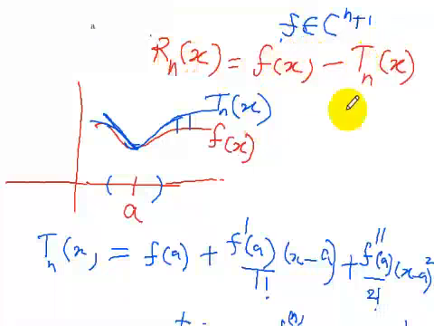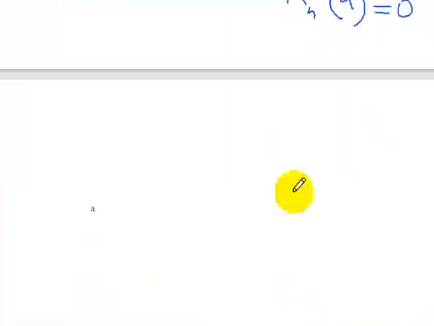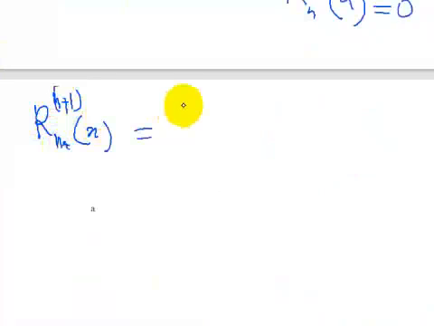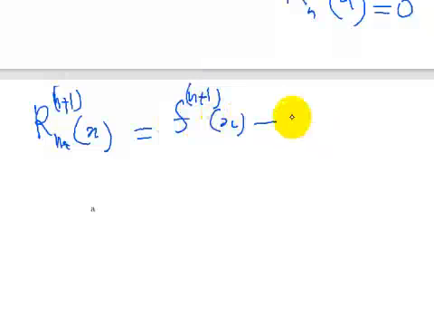Right, let's find the n plus 1 derivative, which is f^(n+1)(x) minus T^(n+1)(x).